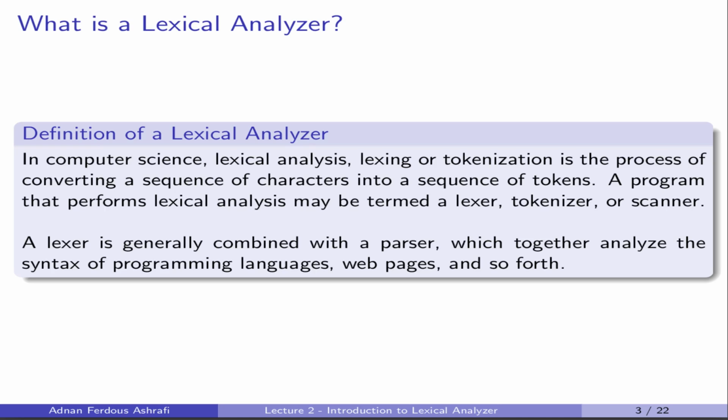So this process of checking each individual word or lexemes and matching them to a specific pattern and defining them as tokens is called lexical analysis. Alright. So Lexer is generally combined with a parser, which together analyze the syntax of programming languages, web pages, and so forth. Okay, so we will learn about this a bit in the coming slides.